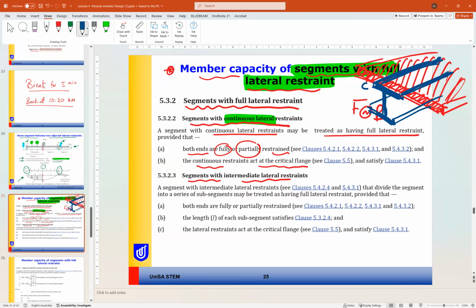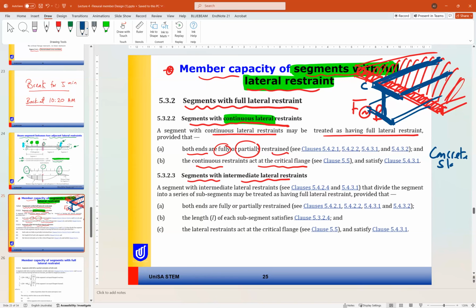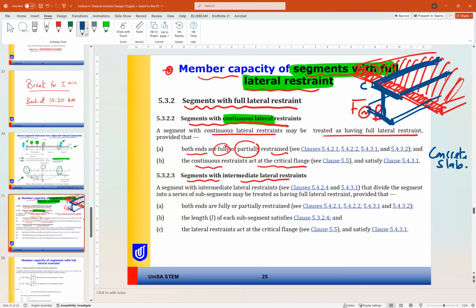Okay. So this will be in cases of concrete slabs connected to the beam. Another type is a segment with intermediate lateral restraint.